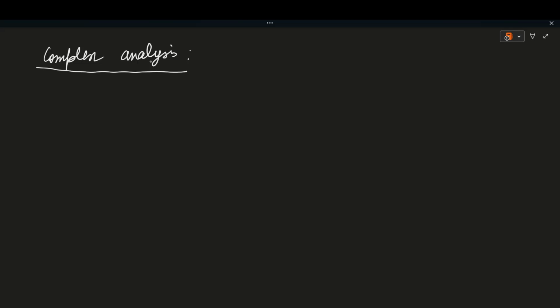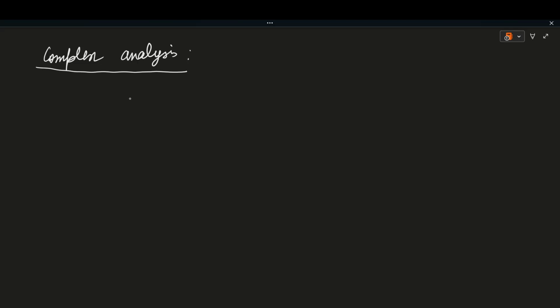When we think about sin x, the range is -1 to 1. But when we think about sin z, the range will be different. We will see this in the coming slides.